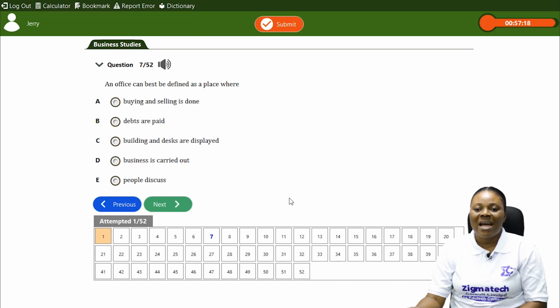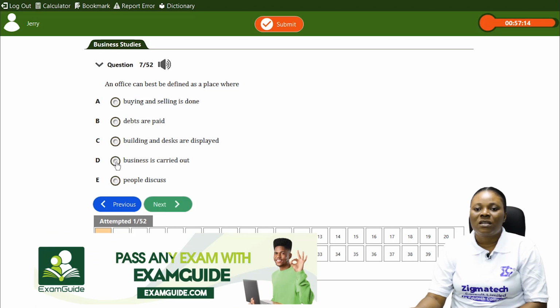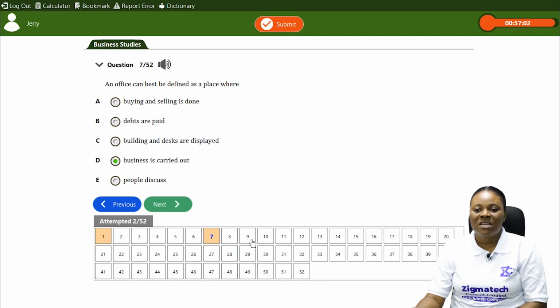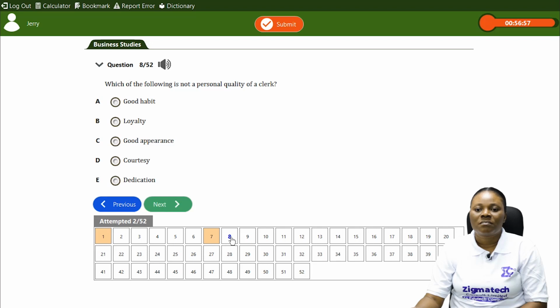So what do you think the answer is? The answer is D. An office can be defined as a place where business is carried out. Another name you can use in place of business here is work. Let's take another question.